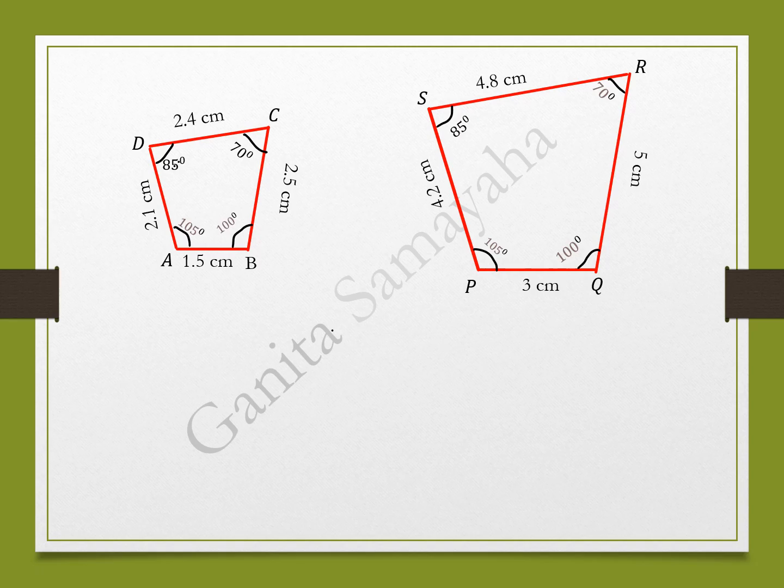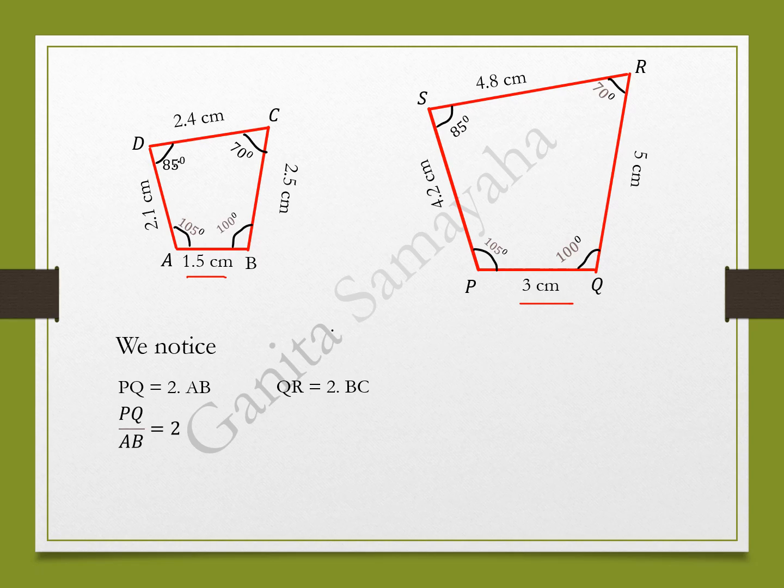How do we know about the corresponding sides? Observe these two diagrams again. What can you say about the length of side AB and the length of side PQ? Yes, we notice that PQ is twice AB. So the ratio of PQ and AB is 2.